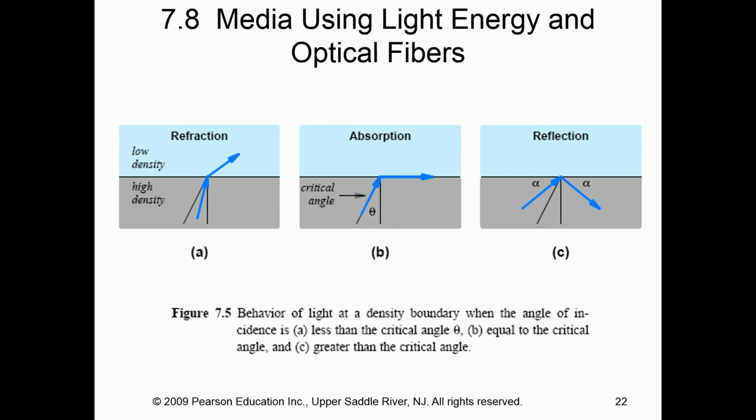We could have the wrong critical angle and have it be absorbed into the side. That'd be B. Lastly would be refraction. The critical angle is not correct and thus leads to the light being refracted, thus leading to the light not going all the way down the cable.